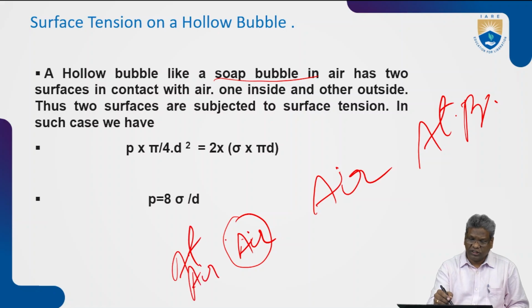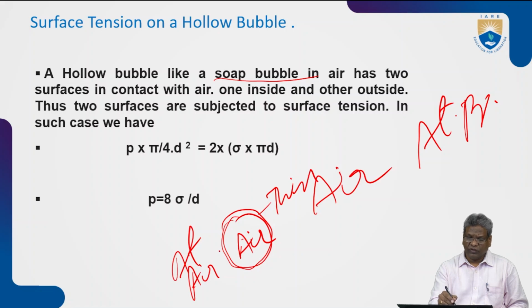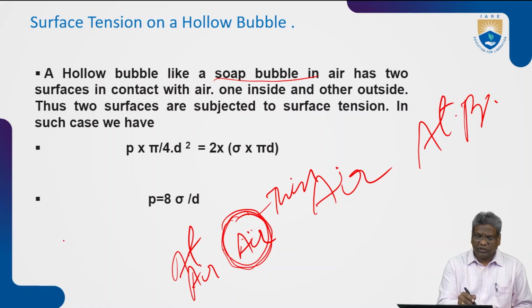Because the soap bubble has a thin layer, this layer will have two contacts with the air, one inside and the other outside. Thus two surfaces are subjected to surface tension. So in such cases, we can write the pressure acting on the soap bubble.